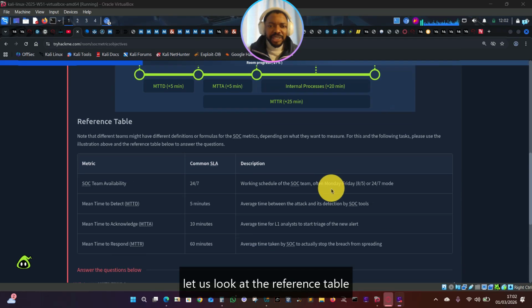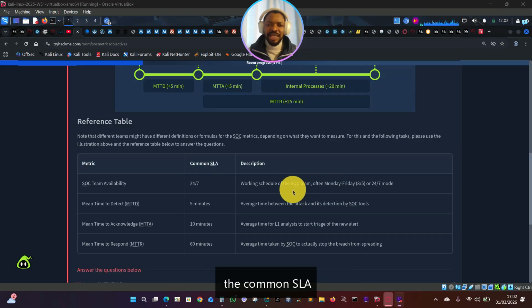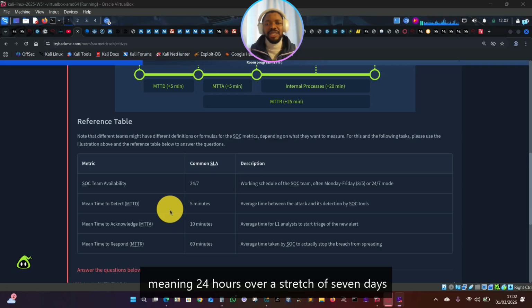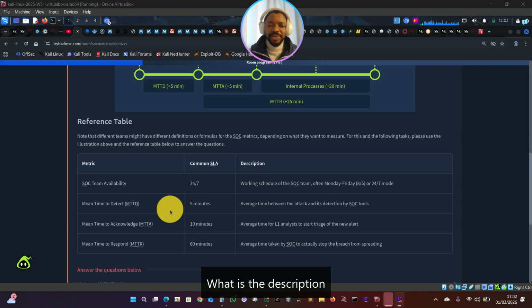Let us look at the reference table. For the reference table, we have the metrics, the common SLA, and the description. SOC team availability: SOC teams are always available 24/7, meaning 24 hours over a stretch of 7 days. What is the description?